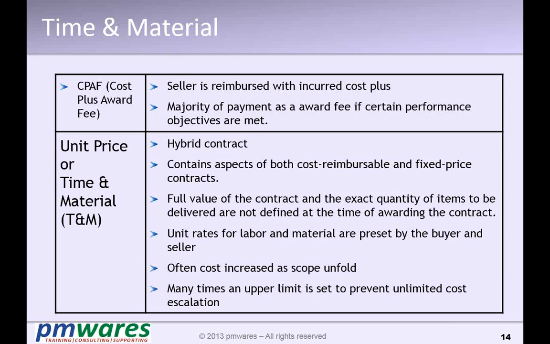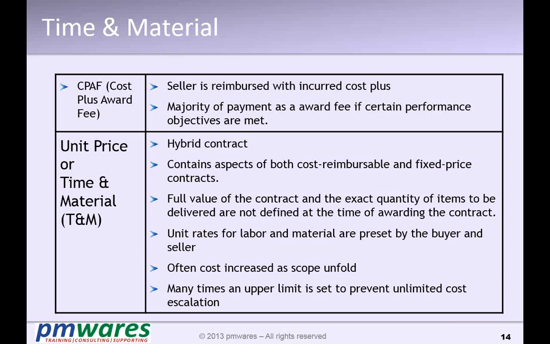The vendor bears all the risk. In cost reimbursement, it is the buyer who bears the risk. In time and material also, it is the buyer who owns the risk, because the seller will keep billing the buyer, saying, okay, you give me the money, this is being spent, this much time is lost.